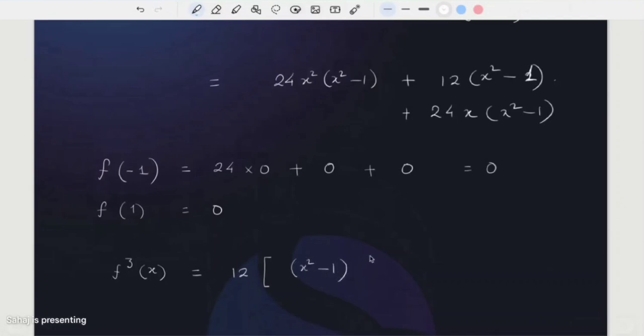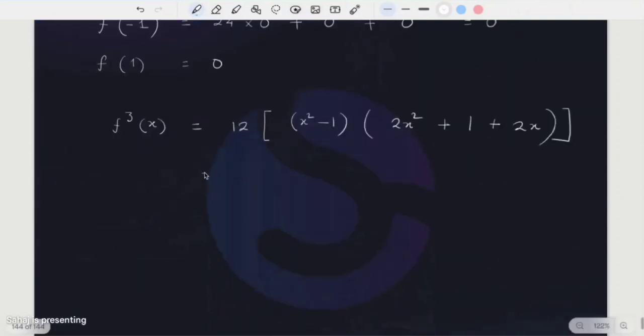Take x squared minus 1 common, and then you have 2x squared plus 12 plus 24x. Sorry, 12 is common already. So you have 2x squared plus 1 plus 2x. Something like this.